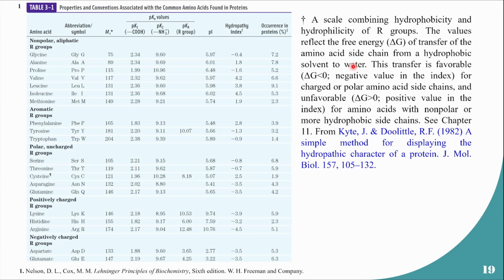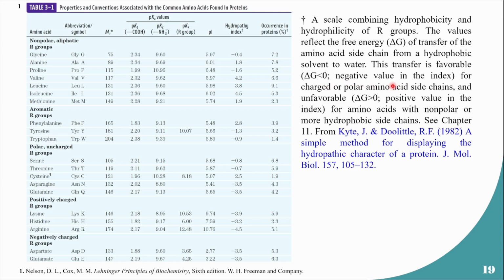Yes, it will be favorable, right? Since the transfer will be favorable, for the polar groups the del G will be less than zero. A negative value basically indicates that some amount of energy is liberated, which means the end state is of lower energy, and lower energy means higher stability.